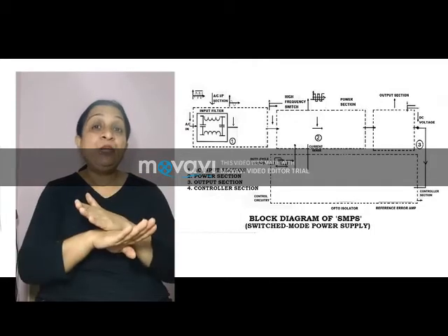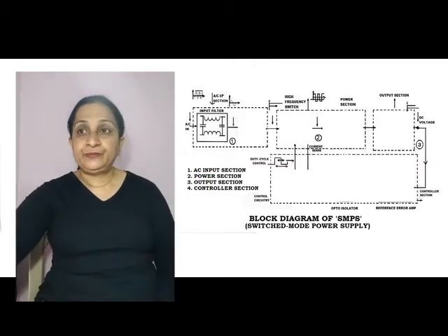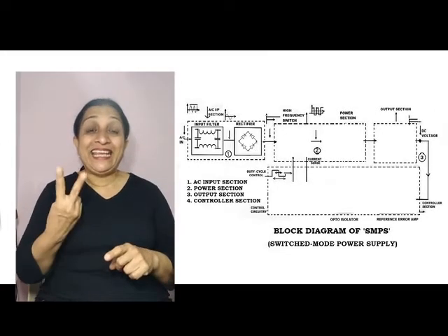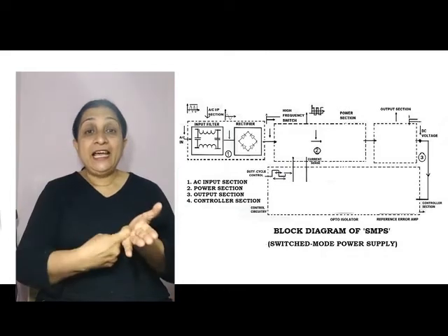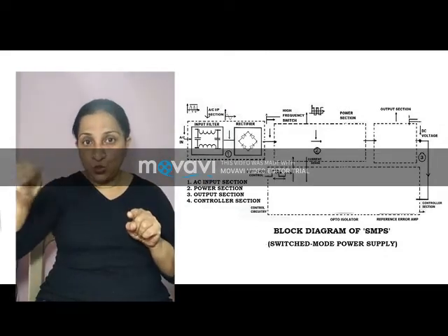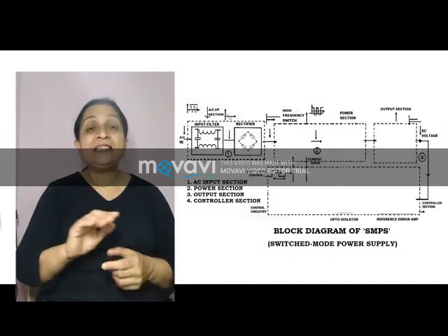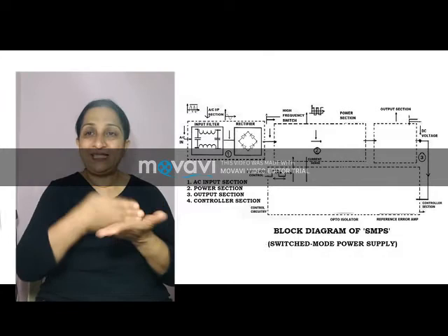That is the input filter. Then the second is the rectifier. You have to draw the square and the diodes. That you have to draw. That finishes the first part, that is AC input section.